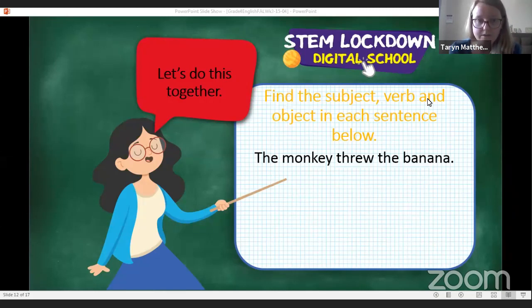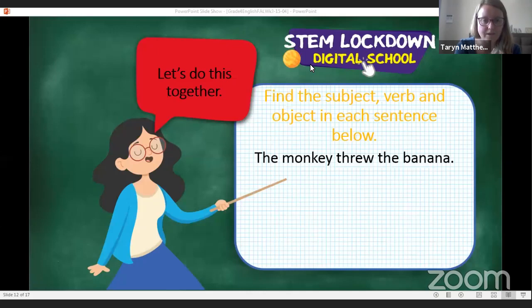identify our 3 parts? So I want to know, what is my verb? So what did you say was the verb in your sentence? Yeah, I'm seeing a lot of good answers.